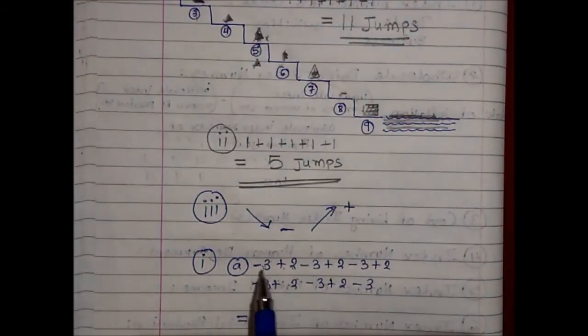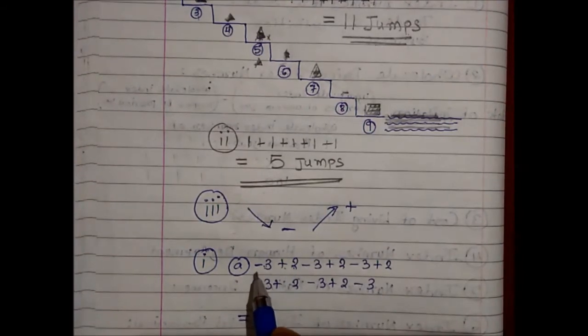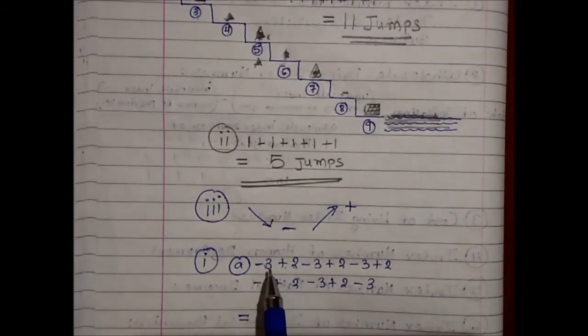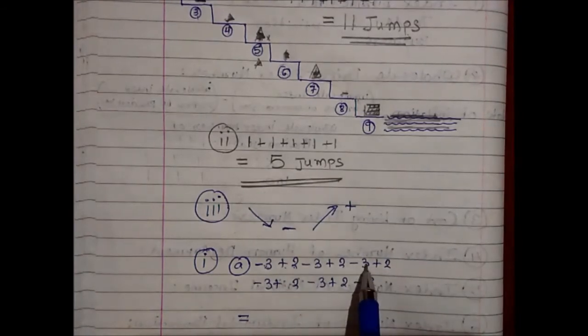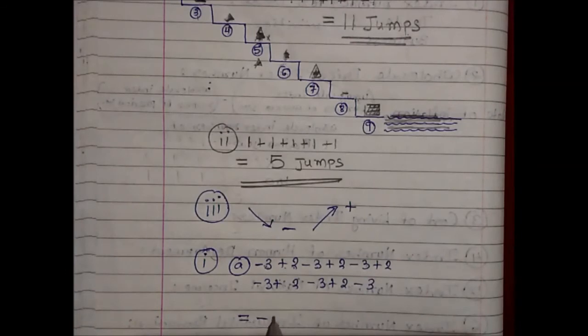So we know that all the threes are with negative signs. So addition: -3. How many times does 3 come? 1, 2, 3, 4, 5, 6 times. So 6 3s are 18.